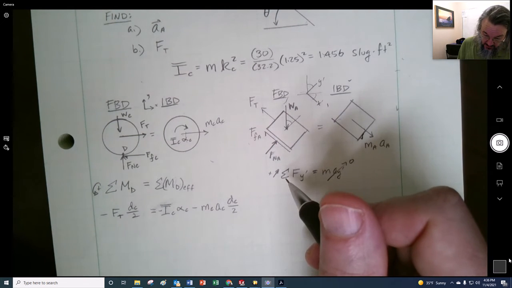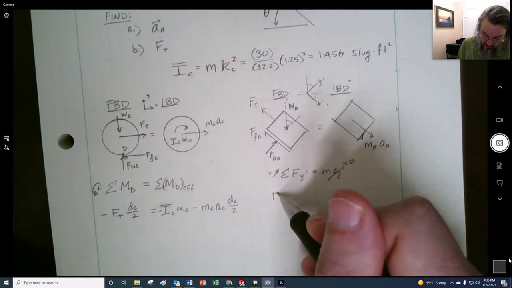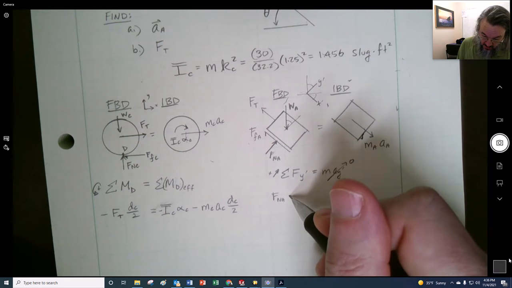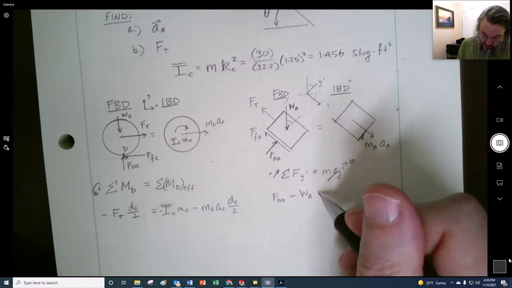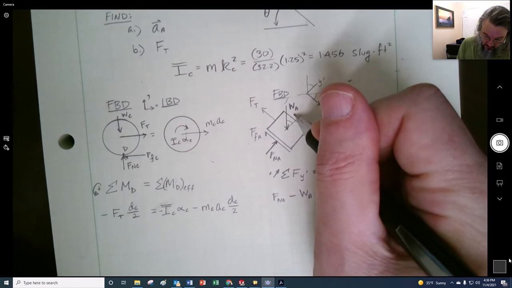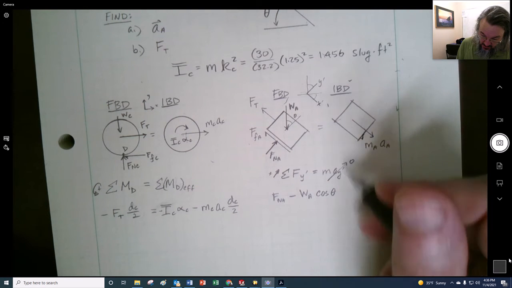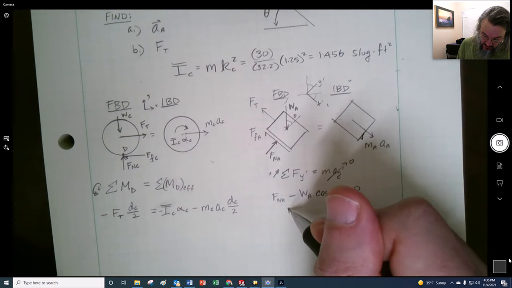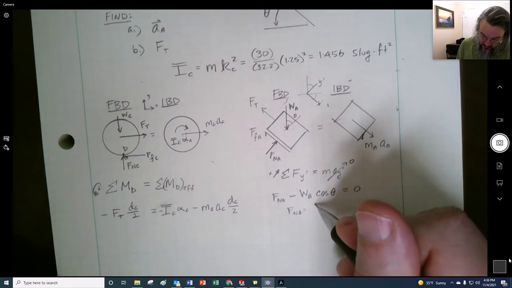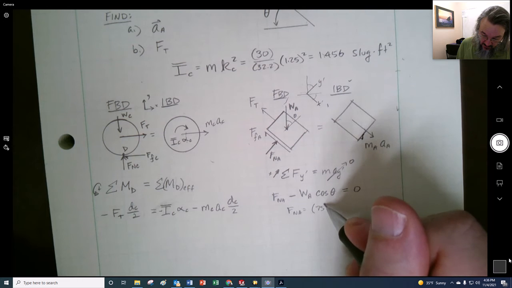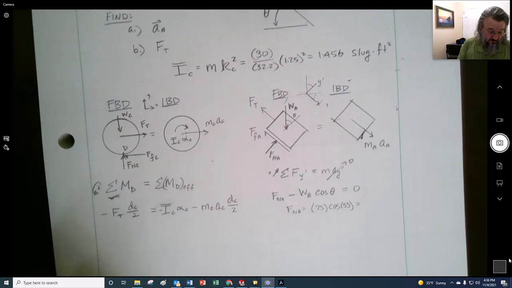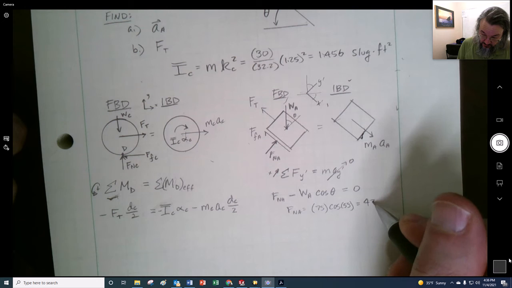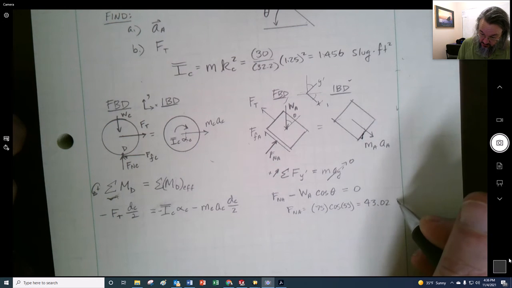And we're going to get FNA minus the weight of A times the cosine of theta in there, and nothing else, right, equals 0. So FNA is equal to 75 times the cosine of 55, which is going to be 43.02 pounds.